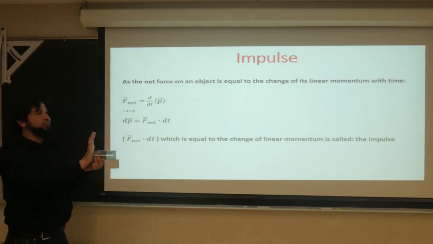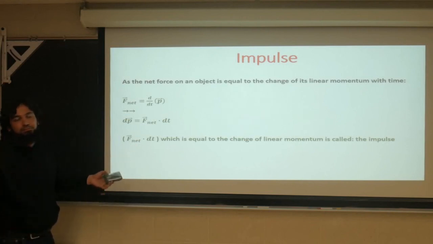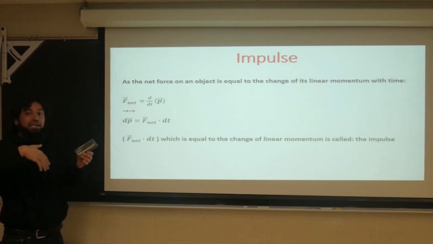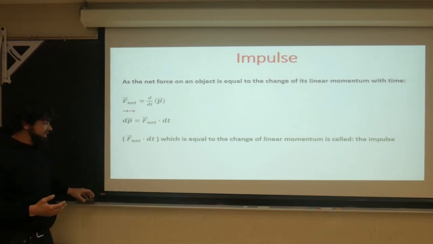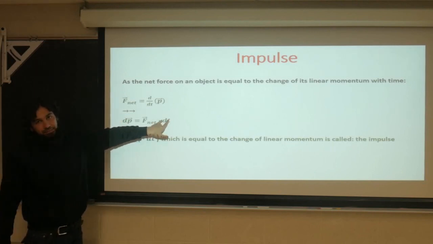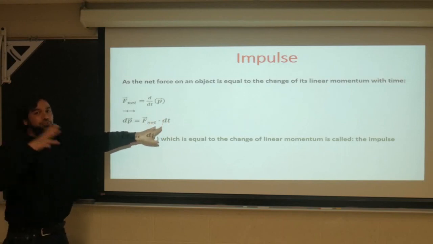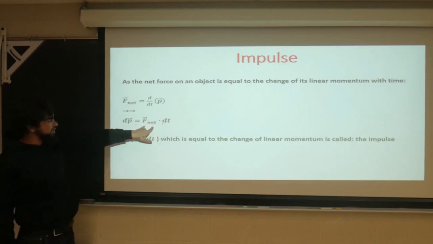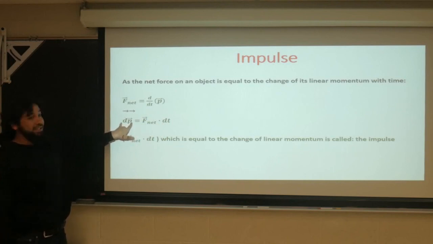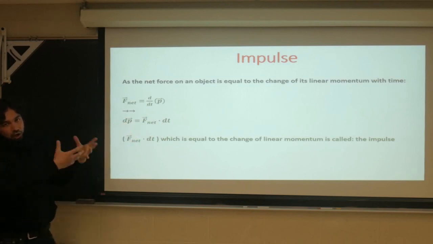I can touch it for 0.3 second, 0.4 second, or for 1 second, whatever. This is the time needed to exert the force. So if I multiply my force by delta t, if my force is constant, this will give me the change in the momentum of that object.